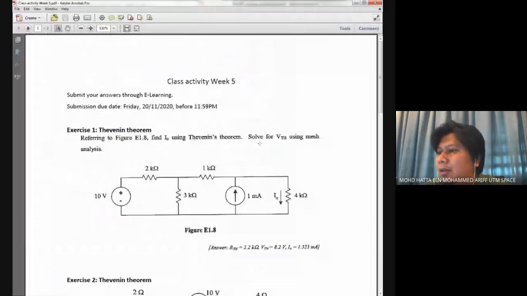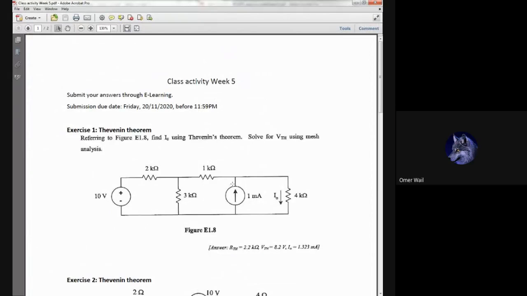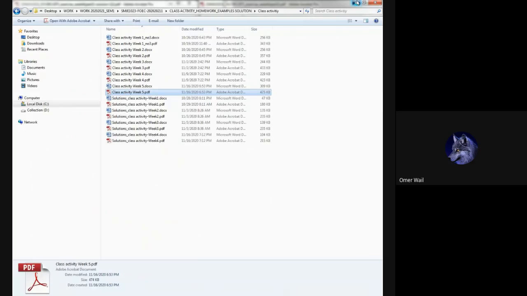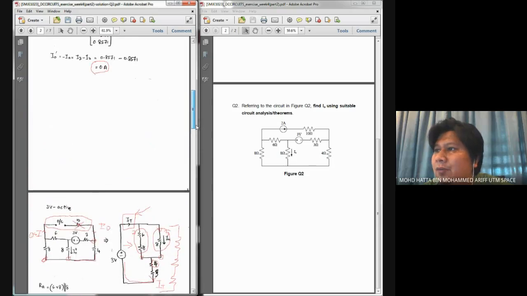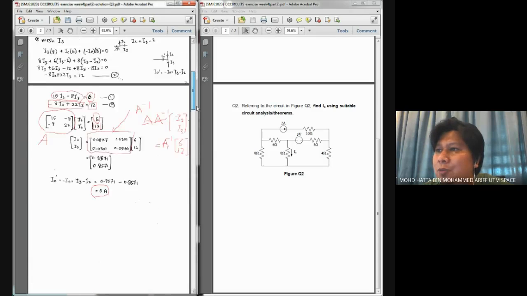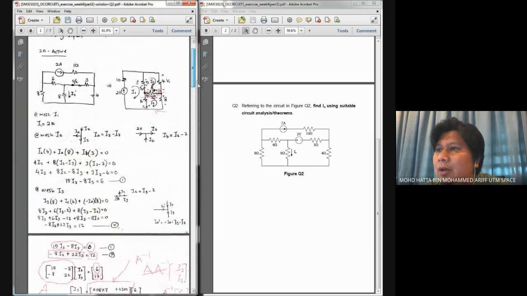Sir, I wanted to ask, how did you assume there is an open circuit in the mesh analysis? Okay. This is not assuming. I'm not assuming this one is open circuit. It's like the procedure of doing superposition, where in superposition you need to consider only one source at a time.